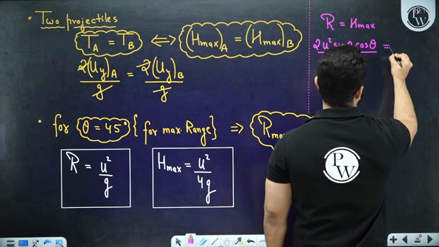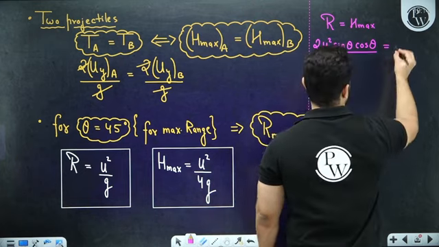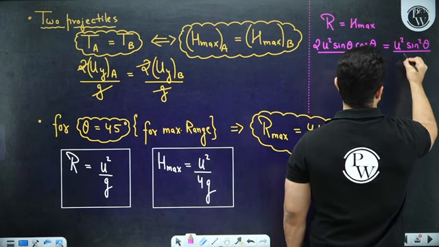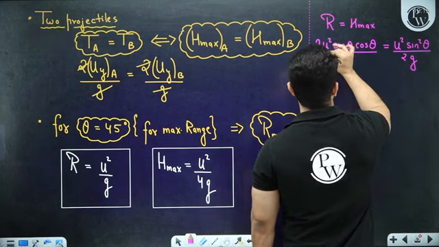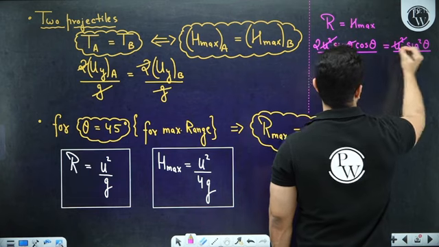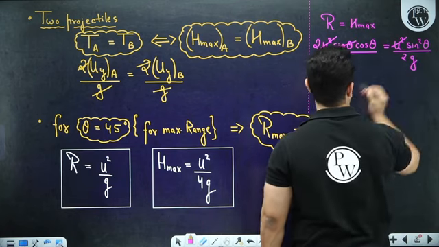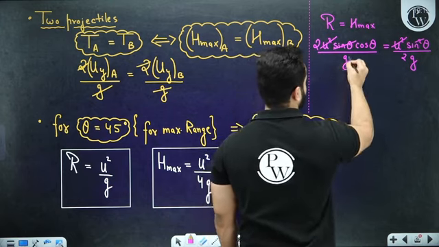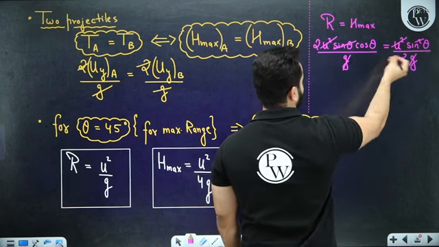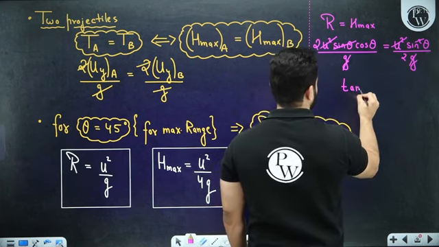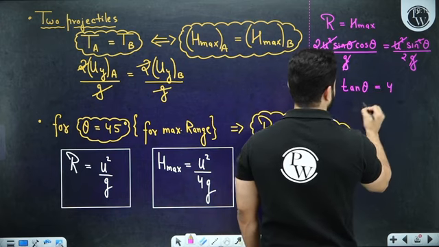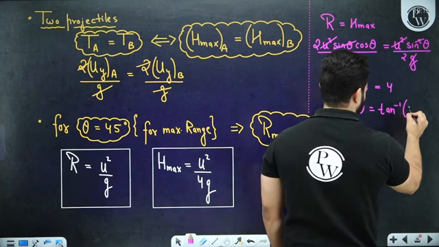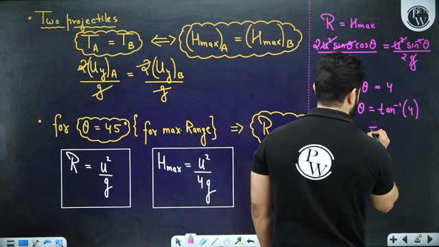H max basically means u square sine square theta by 2g. So I can cancel out this u square, I can cancel out one of the sines, and g can be cancelled out. So tan theta will become 4. So theta will be tan inverse 4. And tan inverse 4 is, I think, around 75, 76 degrees.